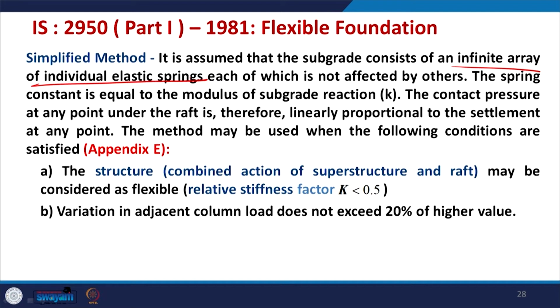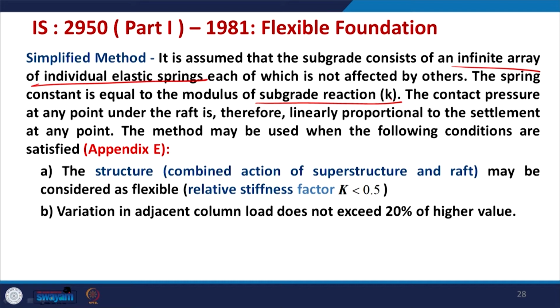The spring constant is equal to the modulus of subgrade reaction k. So, to find the spring constant, we need to use the value of k, which we have already discussed in the last lecture. The contact pressure at any point under the raft is therefore linearly proportional to the settlement at that point. The method may be used when the following conditions are satisfied. Now, what are the conditions for the simplified method?